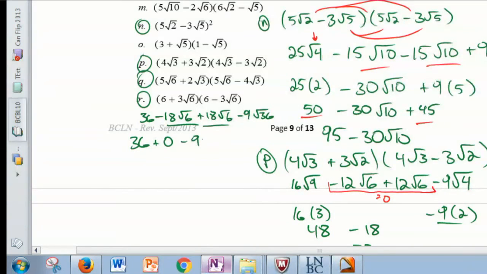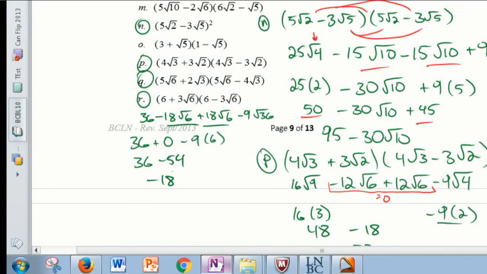Then I have negative 9 times 6. 9 times 6 is going to give me 54. 36 minus 54, I end up with negative 18 on that guy.